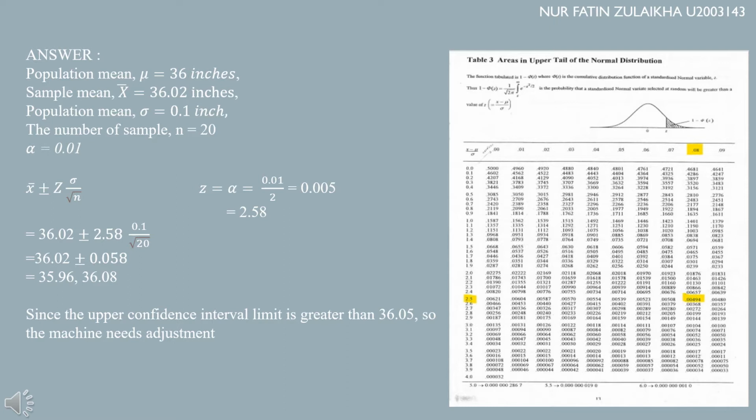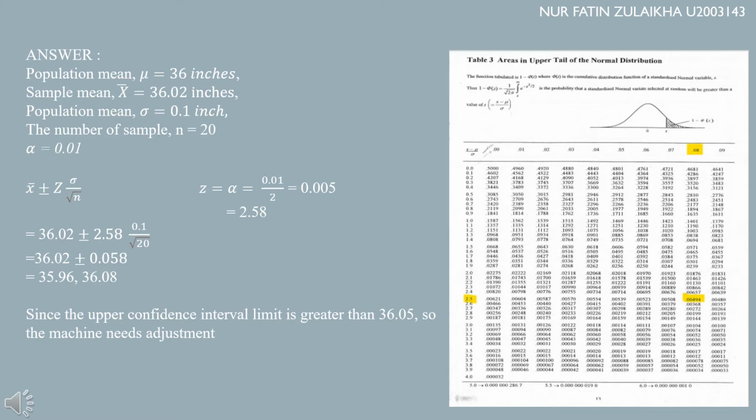This is the area in each tail. Since we want the area in the middle, it becomes 1 minus 0.005 equals 0.995. The z-score corresponding to the area on the z-table is 2.58. Thus, the z-score for the confidence level of 99% is 2.58.